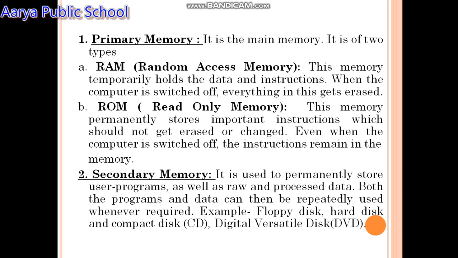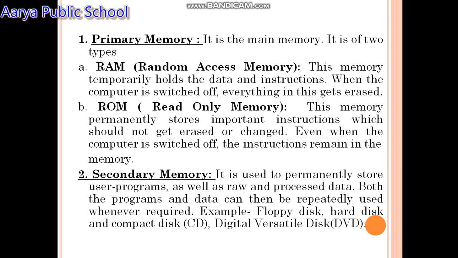Then secondary memory. It is used to permanently store user programs as well as raw and processed data. In this memory, the user can store permanent data or processed data.